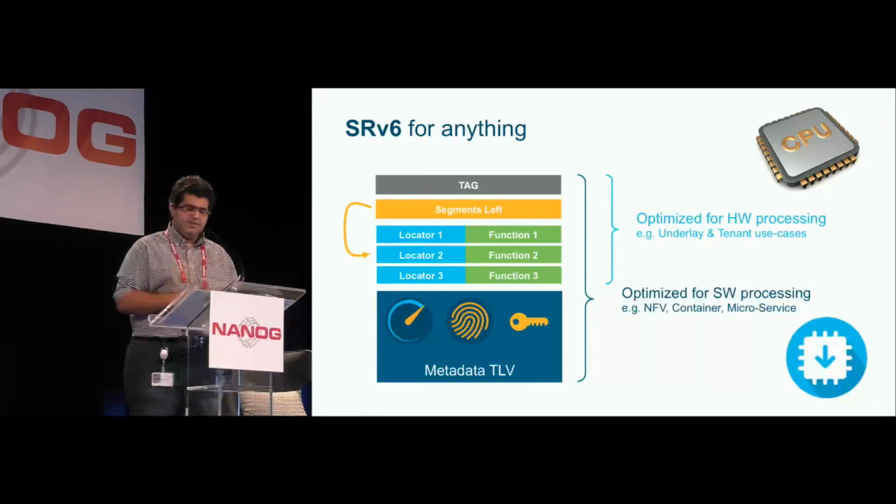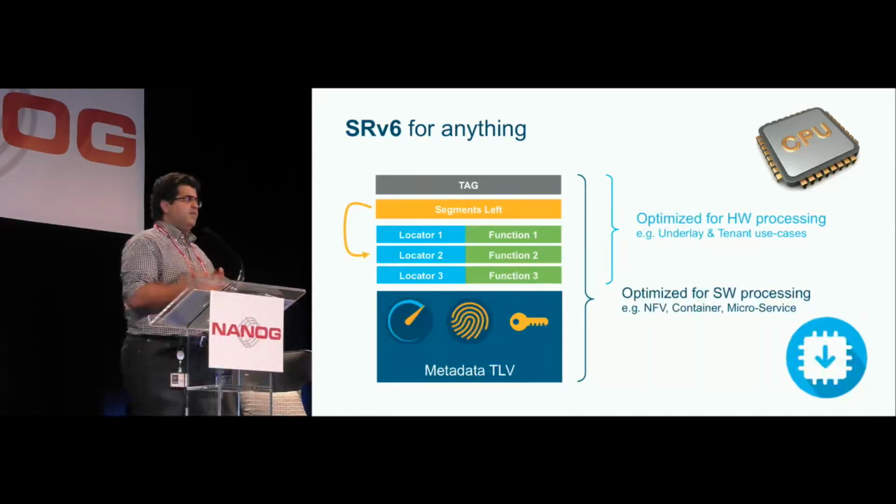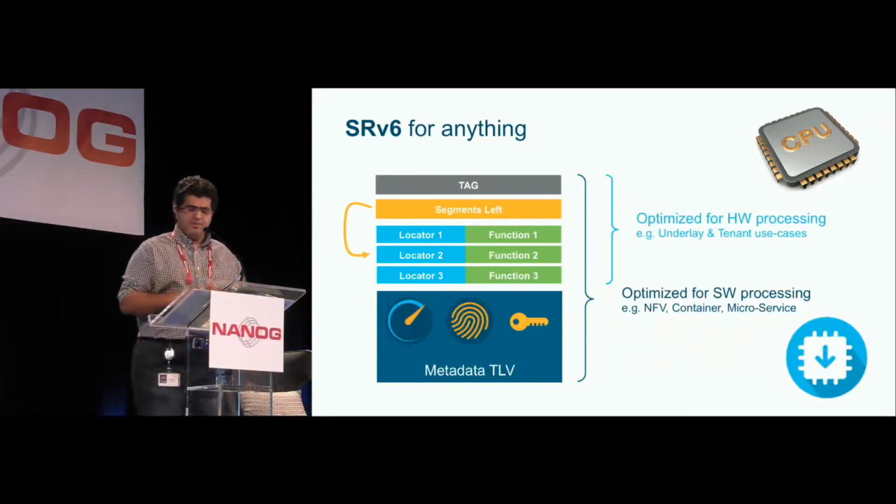The lower part of the header and the entire header is optimized for the NFV, for the container use cases, for software use cases. We have already done 3 hardware implementations inside Cisco. We have done 2 open source implementations with VPP, FD.io, and with the Linux kernel. And we have also done an interoperability with another vendor, Barefoot, and it's been posted outside.